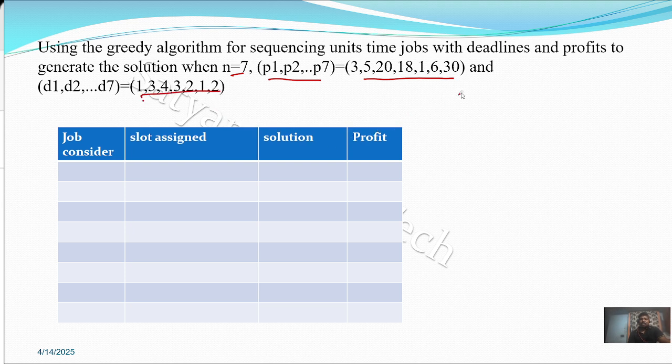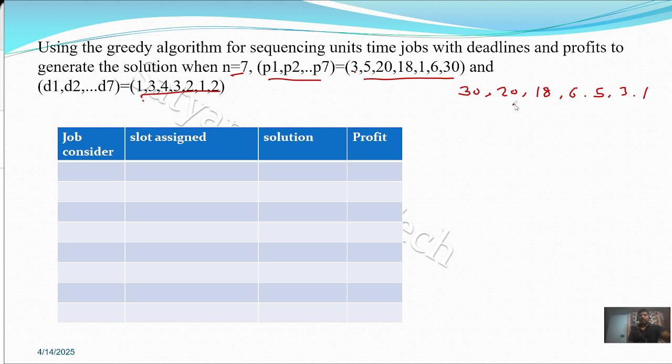Now which job should we consider first? The one with the maximum profit. That's why we write them in descending order. The maximum profit is 30, next 20, next 18, next 6, next 5, and 3 comma 1.